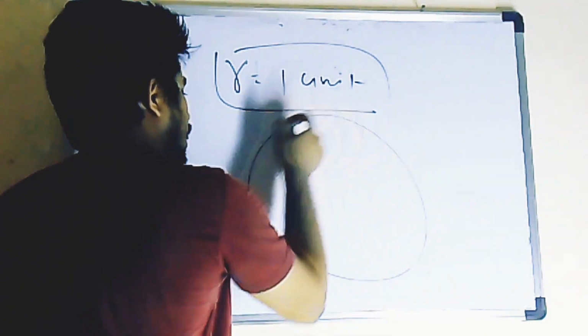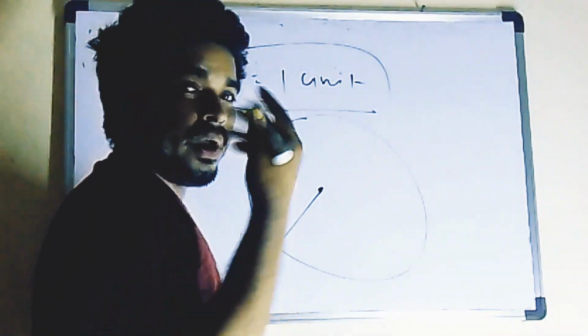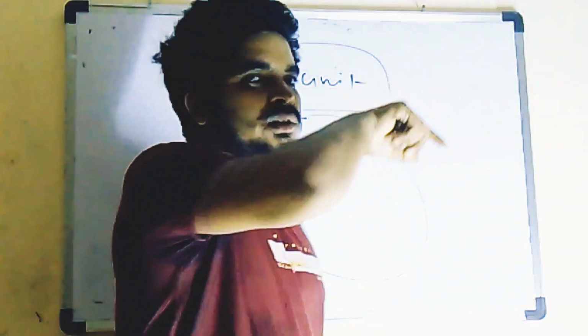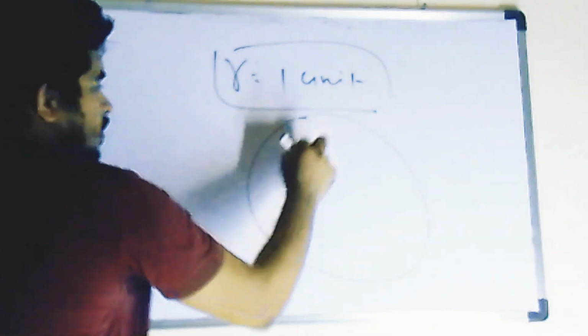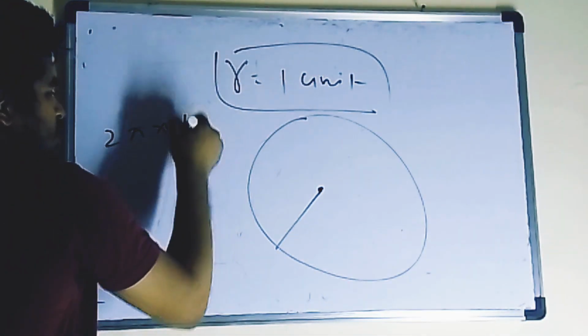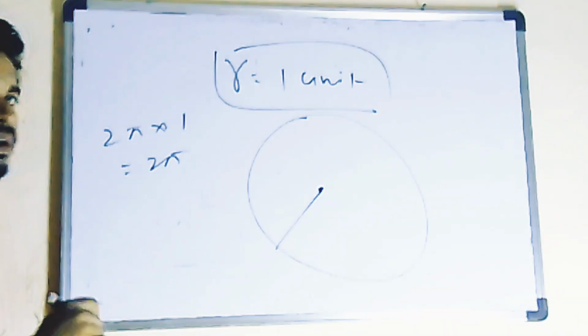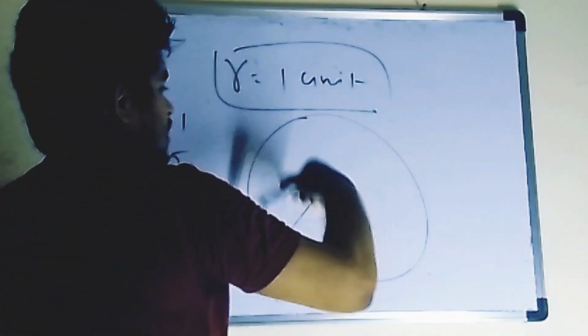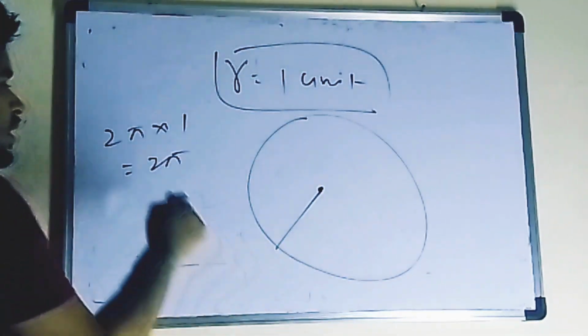What is the circumference of this circle? Can you say 2 into pi into r, with r as 1? So 2 pi. This is the circumference of this circle.